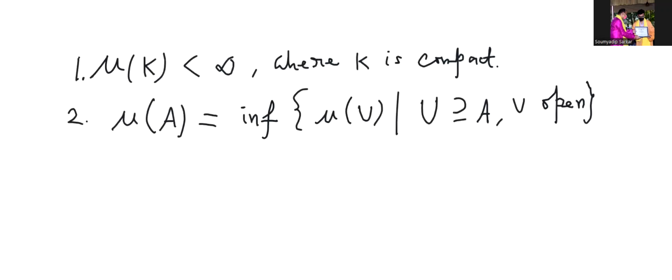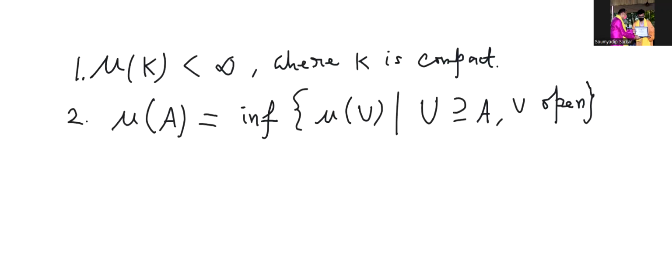In the formal language, you write this thing in this way. That measure of any set is infimum of measure of all those open sets that contain that given set.